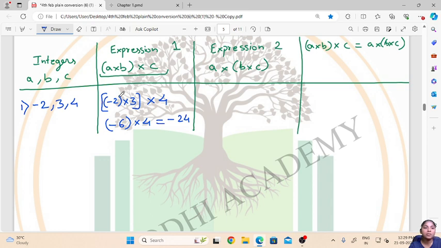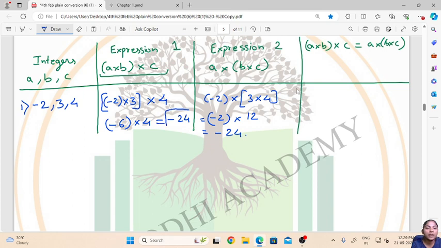Then -2 multiplied by (3 × 4), which is -2 multiplied by 12, is -24.